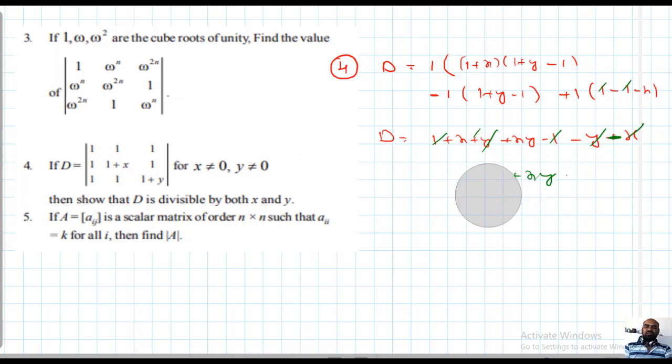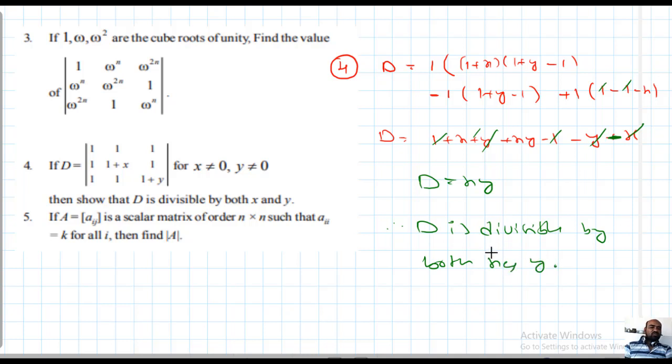Finally what you got, D equal to xy. The meaning of that, D is divisible by both x and y. Okay, problem number 4 completed.